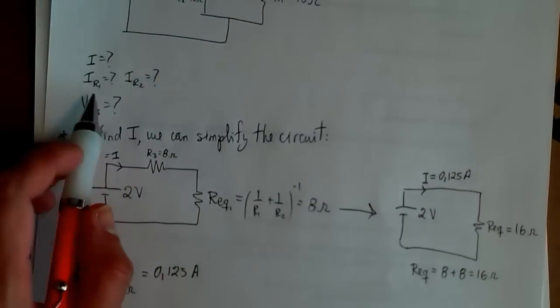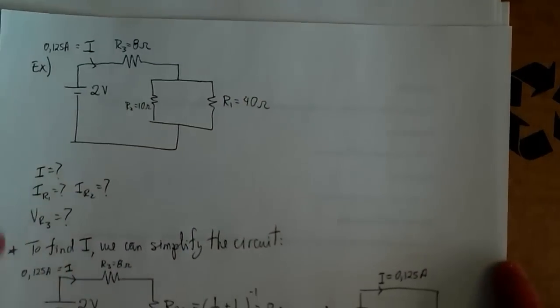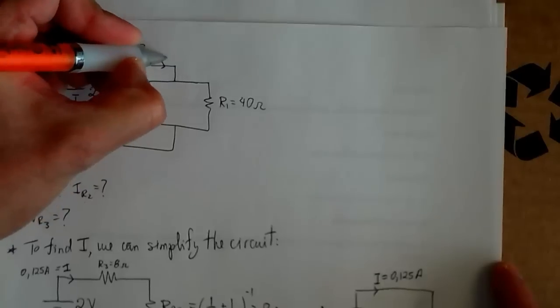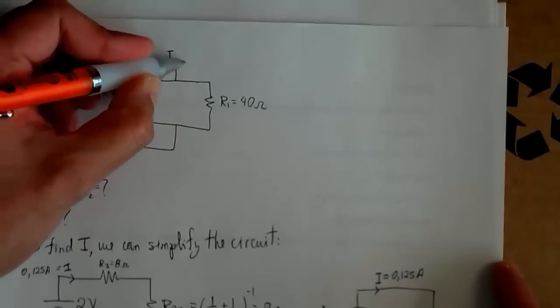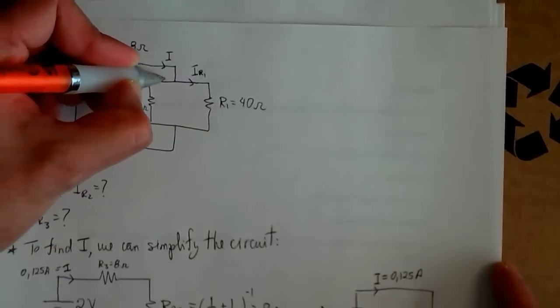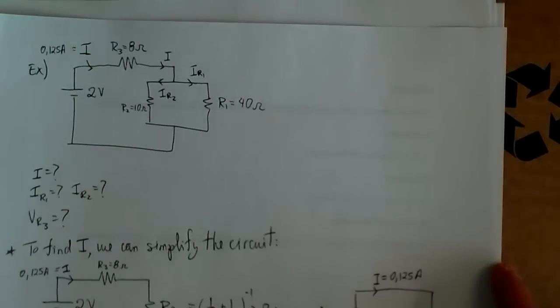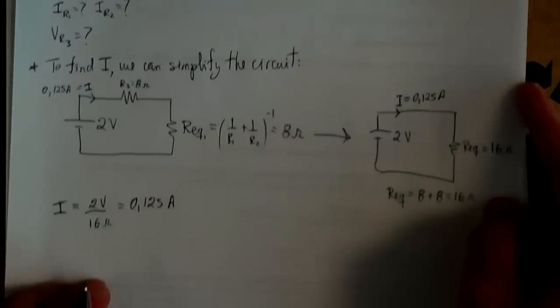Now we're interested in finding each individual current, IR1 and IR2. This current I will reach this node, and part of the charges are going to flow through R1 and the rest is going to flow through R2. We want to find each individual current.